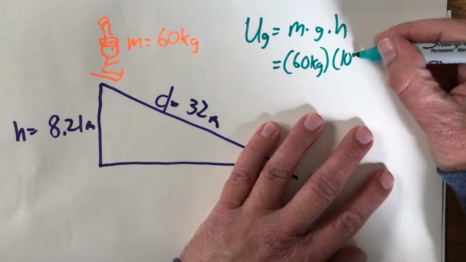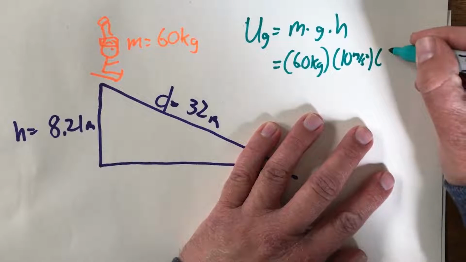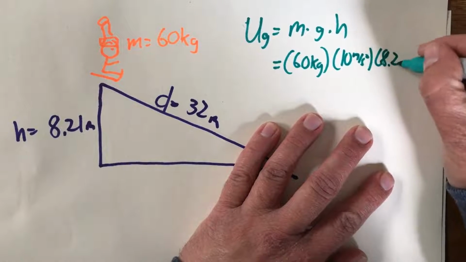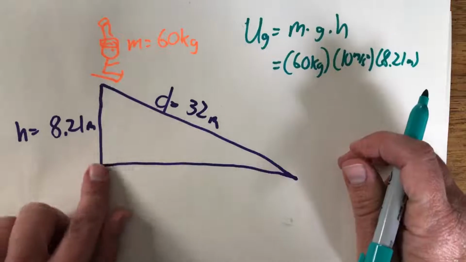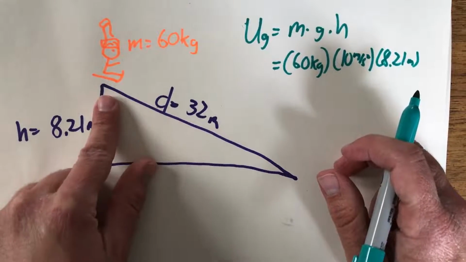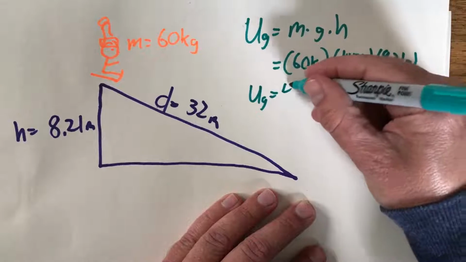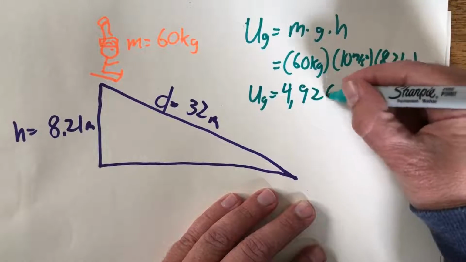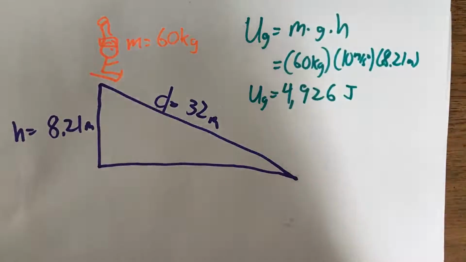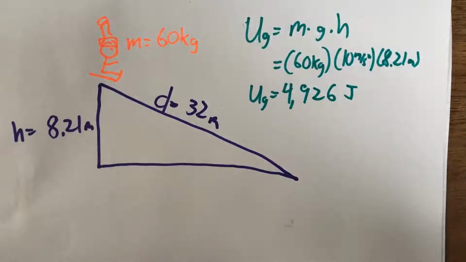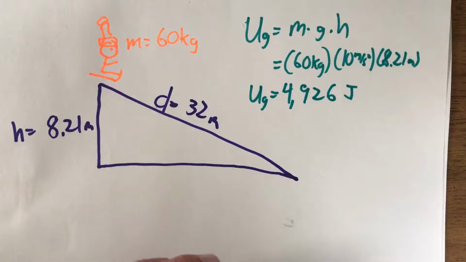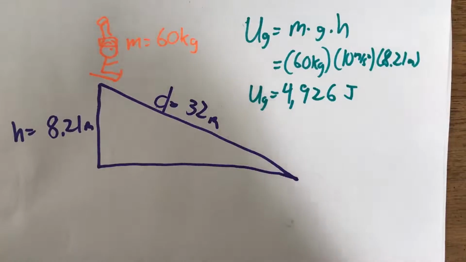Acceleration due to gravity is 10 meters per second squared, and the height is 8.21 meters. This height here, that's what determines the gravitational potential energy. And if you do that, you'll get a value of 4,926 joules.